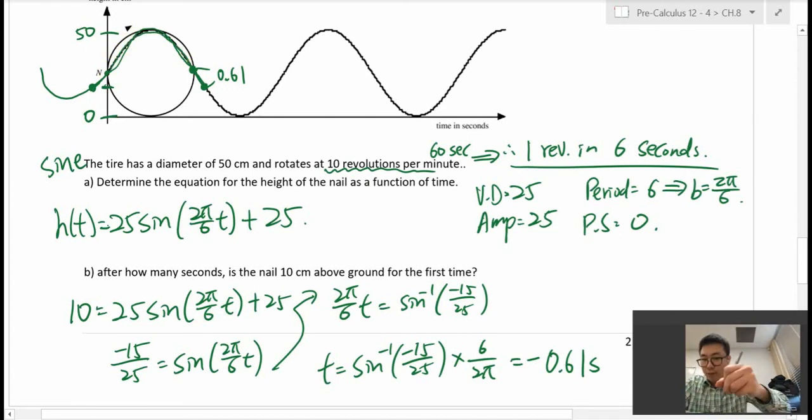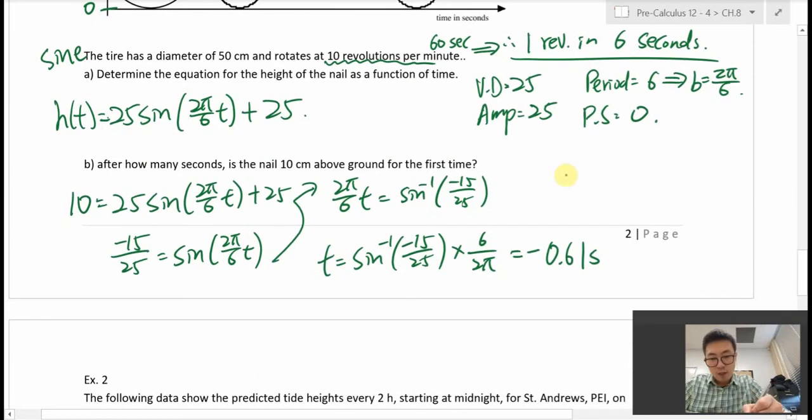Because that's half of the sine graph of one period. Therefore, because the period is 6 seconds, from here to here is going to take 3 seconds, plus the 0.61 seconds right there. Again, this is 0.61 because this takes 0.61 seconds. And again, it's symmetrical, so this is also going to be 0.61. So your answer is actually going to be 3 plus 0.61, which is 3.61 seconds.